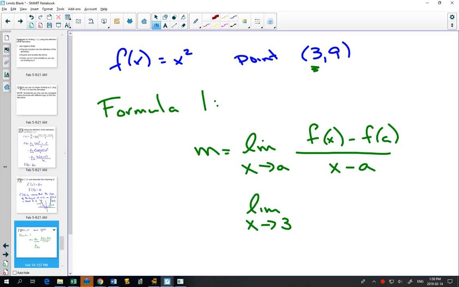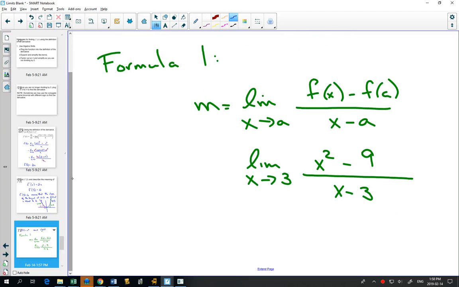If we did that, we would have f of x, which is x squared, minus f of a, plug in 3 into this, you get 9, over x minus 3. Used your skills in limits. Factor the top as a difference of squares.